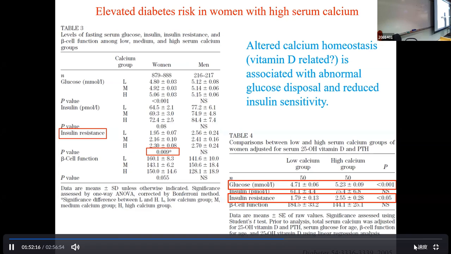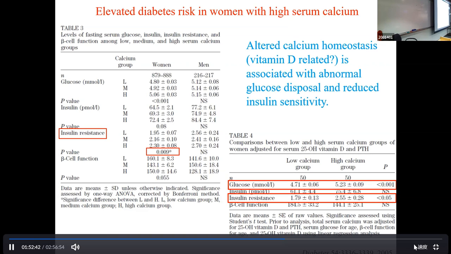So what you see here is the high calcium group compared to the low calcium group, a significant difference, okay.